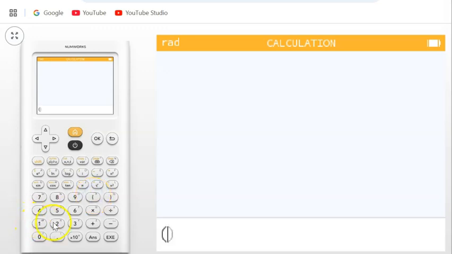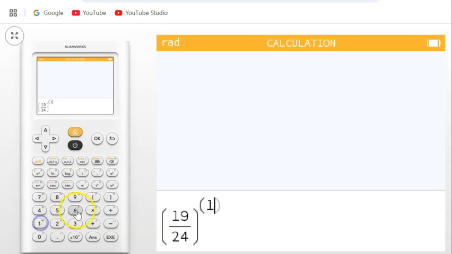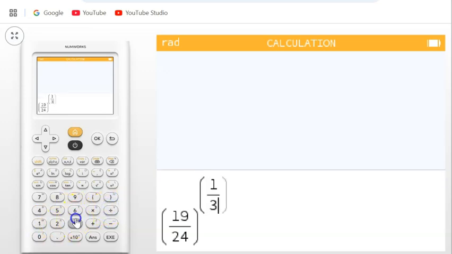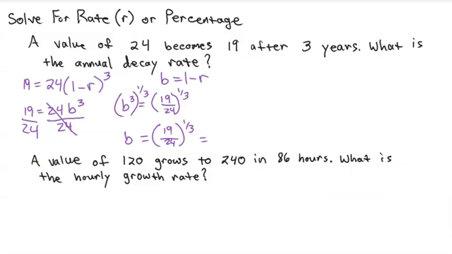So we're going to key in parenthesis, 19 divided by 24, close off the parenthesis, to the power of, and we're going to put this in parentheses, 1/3 power, okay? And then we press execute and we get 0.925. So our b is equal to 0.925, okay?